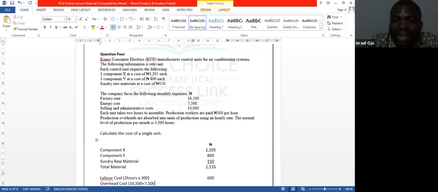Selling and administrative costs will not be added because they are not directly related to the conversion or assembly of the components. It is after they finish assembling that they will make sales, and from there incur the selling and administrative costs.